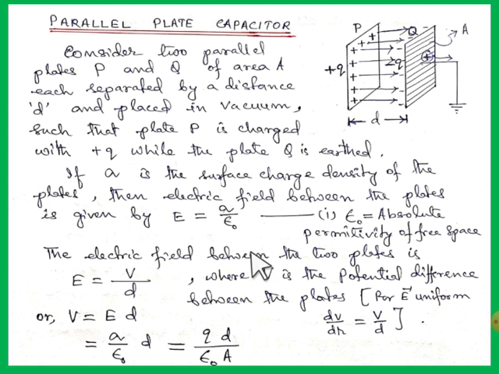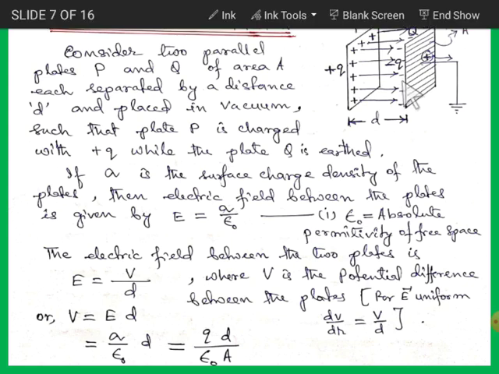So sigma by twice epsilon naught will be directed along this line due to the positive charge, and due to the minus q charge on the other side, another electric field will be toward the plate Q, and the electric field due to this negative charge will be sigma by twice epsilon naught.